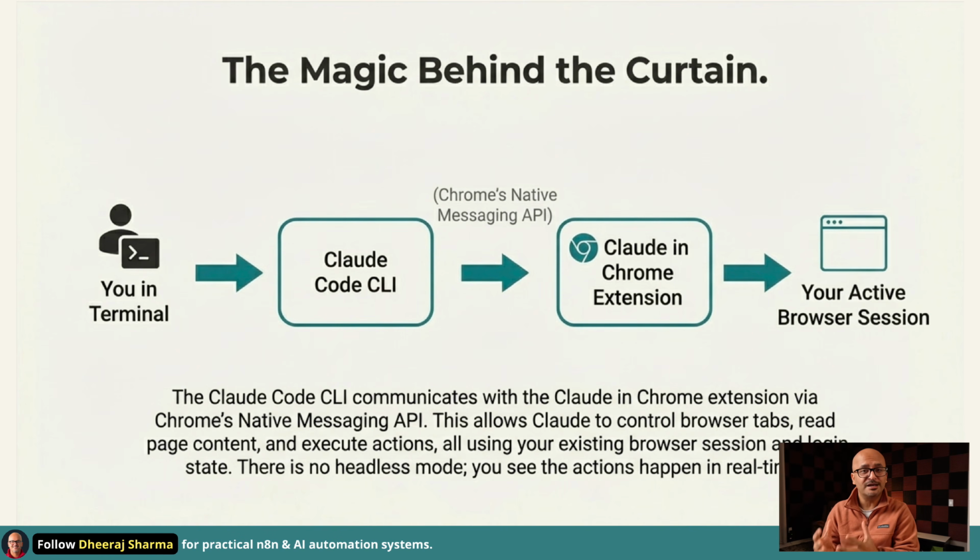And when you install it, it is more like installing a native messaging host that can receive commands from Claude Code so that Claude Code can interact with the Chrome browser in order to perform tasks. So these commands are received through Chrome's native messaging API in order to let Claude Code control it.